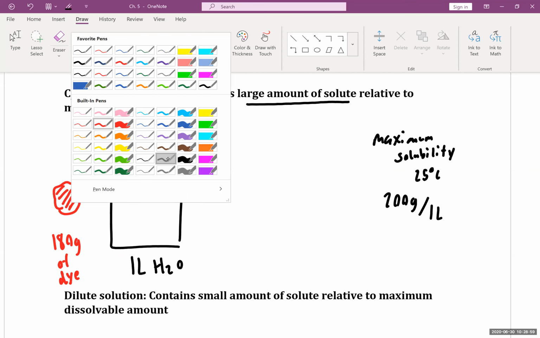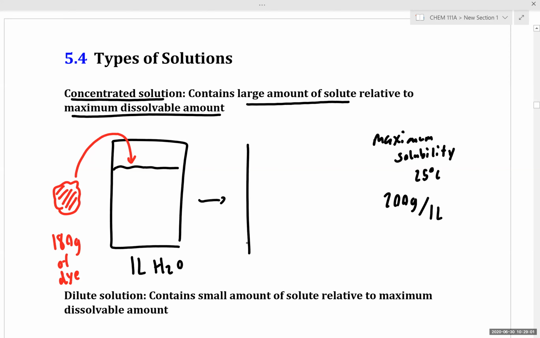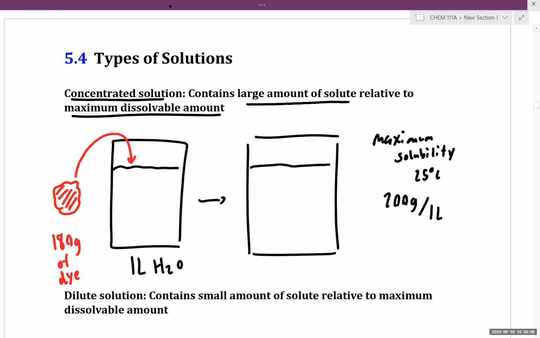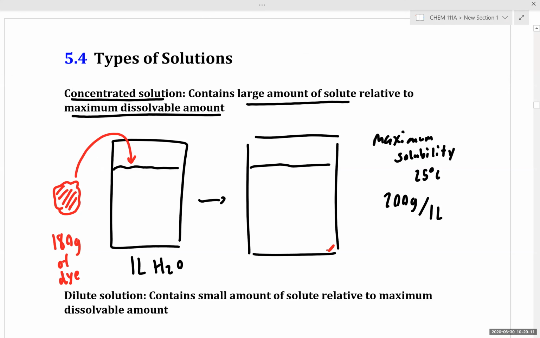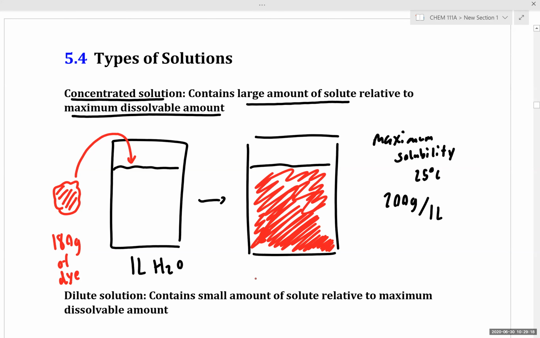Well, we'd have a pretty concentrated solution and we'd be able to see that right away. The way that we'd be able to see that is that this concentrated solution would be quite dark. We'd see this very clear red color as we have a concentrated solution. We have 180 grams per 1 liter, and that's very close to your maximum solubility.